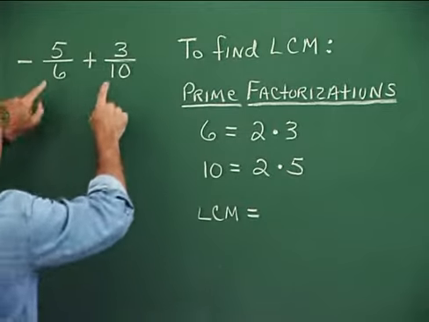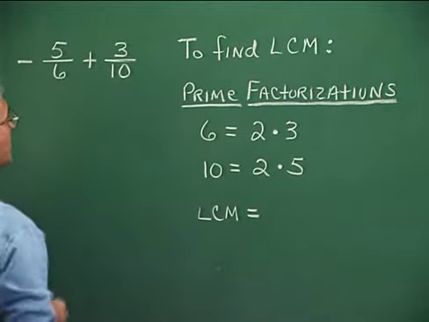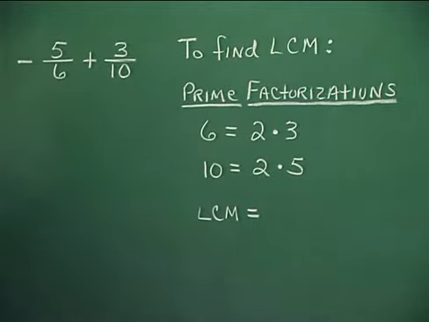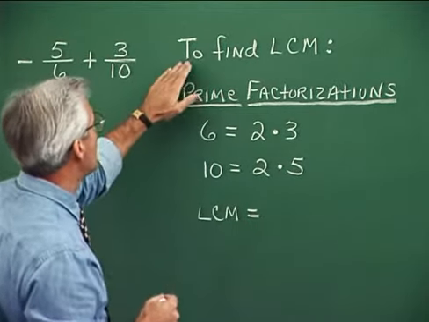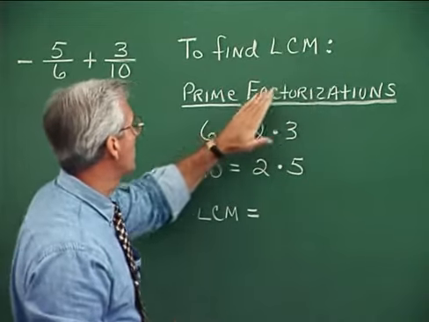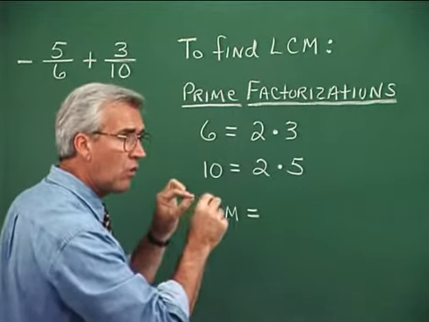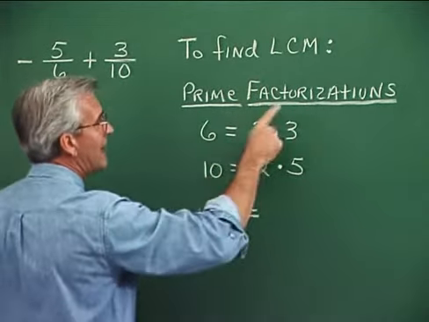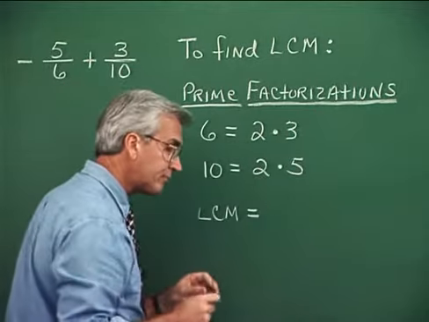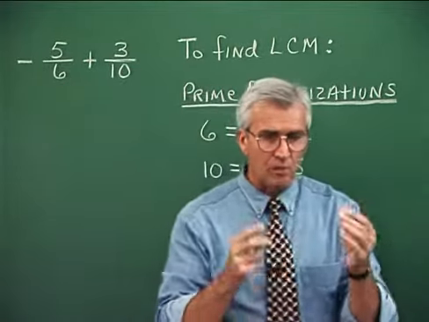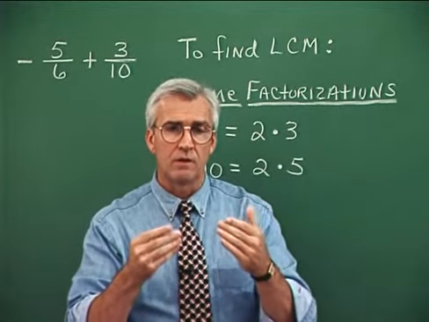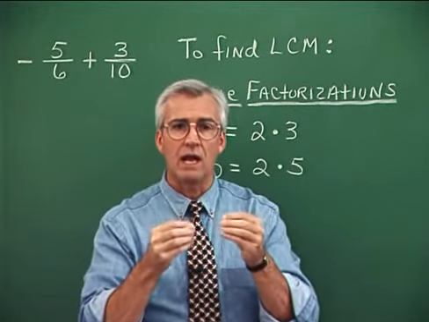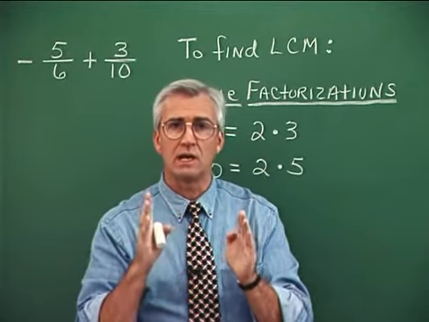Another approach to finding the least common multiple or the common denominator is to go through a process called prime factorization. Now, there are prime numbers and composite numbers. Prime numbers are numbers that can be written only as 1 times itself.